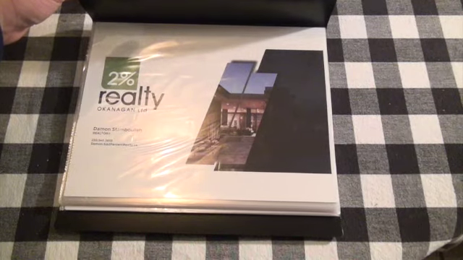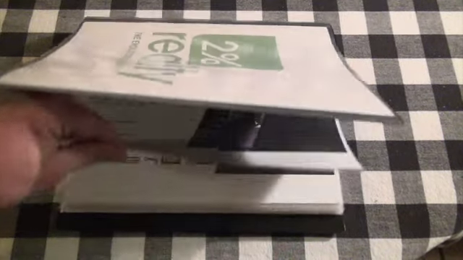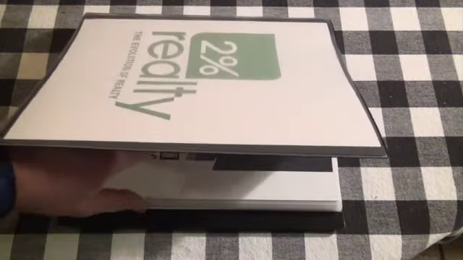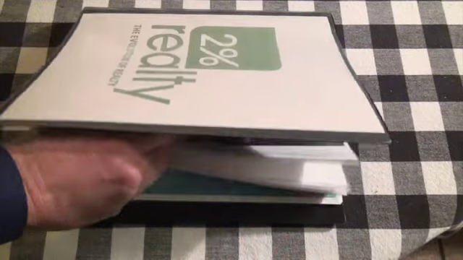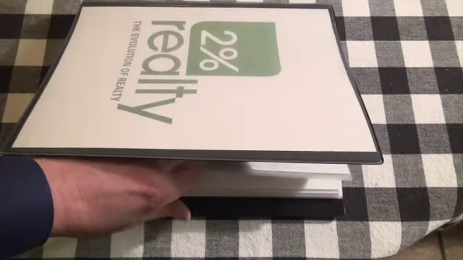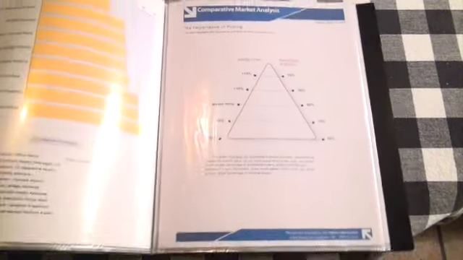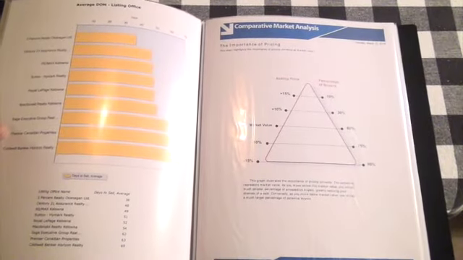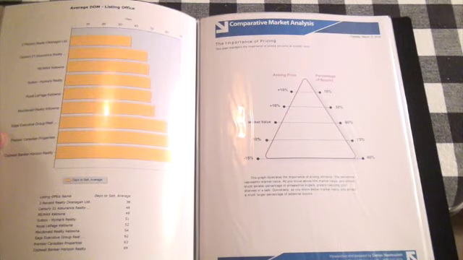So, just to give you a quick review here, I have the basic listing presentation, 5 or 6 basic pages. And then I have, flip it around here, some stats for our days on market.